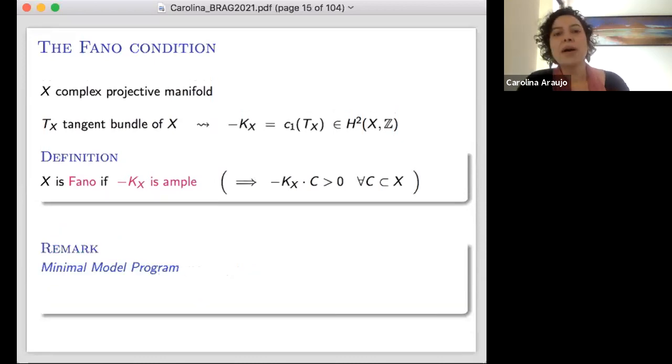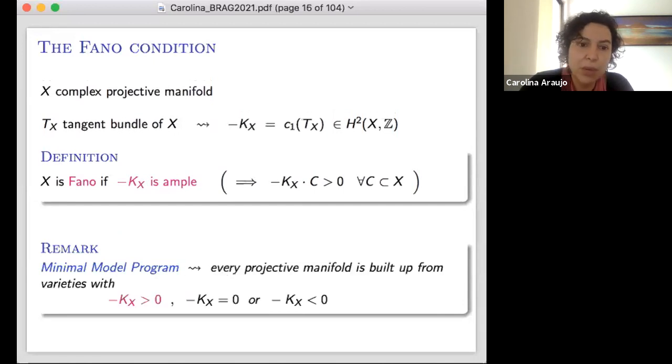And just as a remark, the importance of Fano varieties has been made clear with the minimal model program. The minimal model program tells us that every projective manifold is built up from varieties with minus K either positive, 0, or negative. So these are the building blocks for projective varieties.